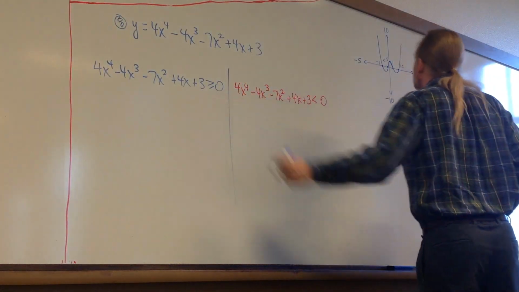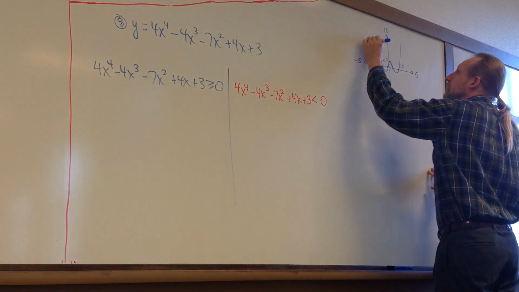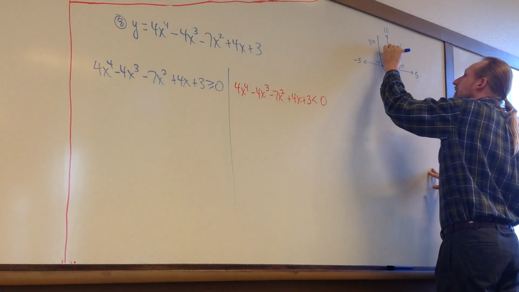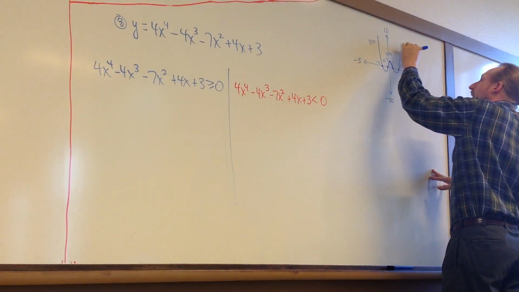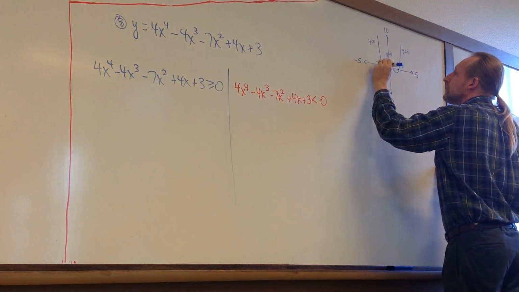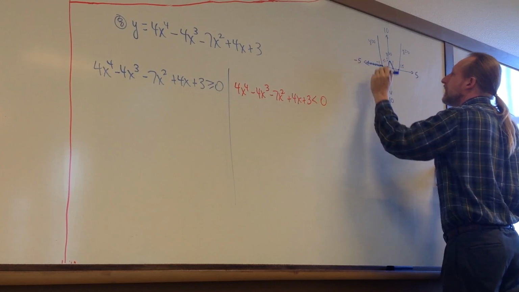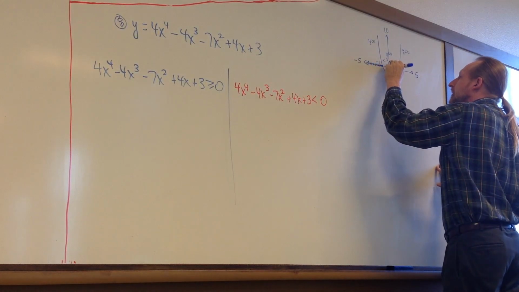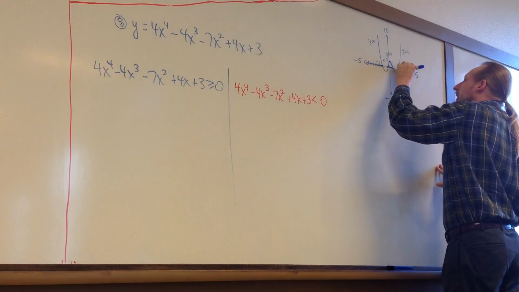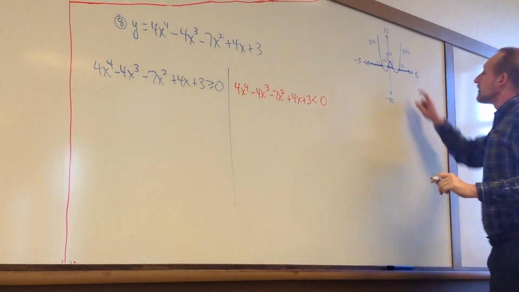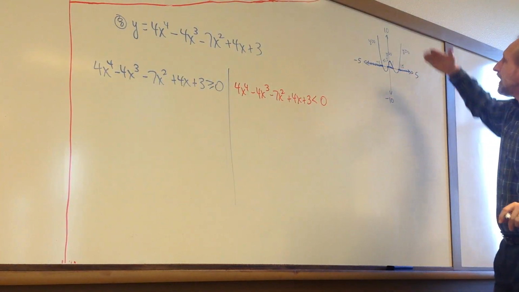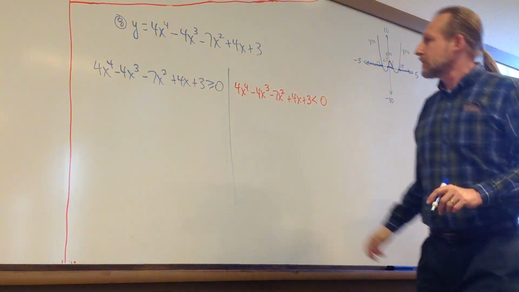So where is the graph positive? So that's up here, this section in the middle, and over here. So you've got one interval there, a second interval here, and a third interval here. So these are all the different x values that make y positive.